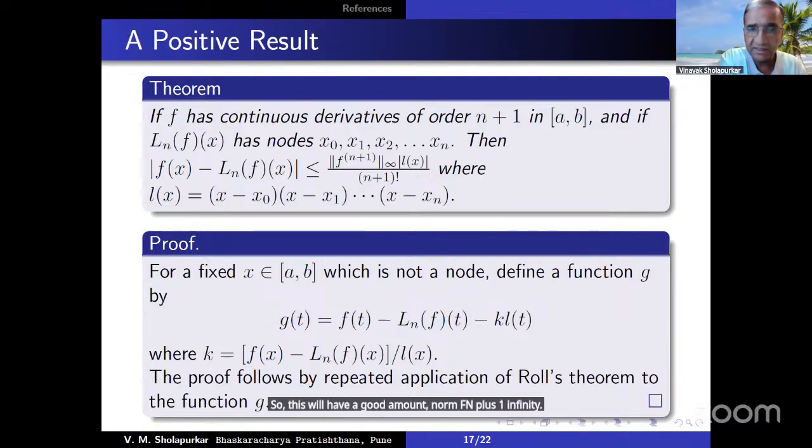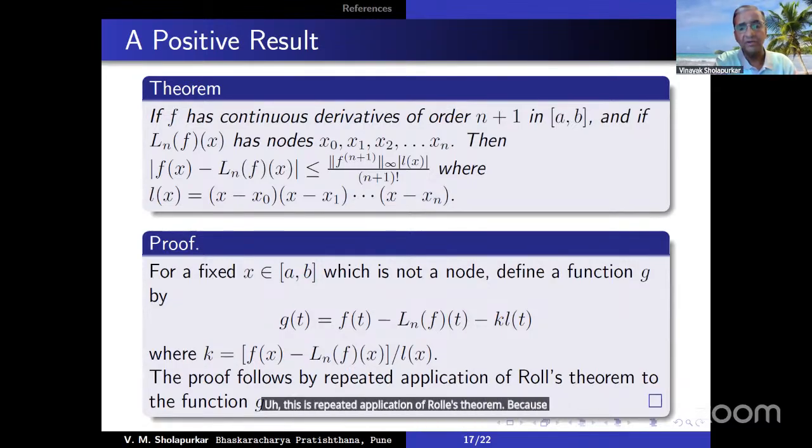What you see there, just see carefully, is mod L(x), where L(x) is this polynomial. So see this upper bound and see the polynomial L(x). In short, I have given the proof, but you can write the proof later. This is repeated application of Rolle's theorem.